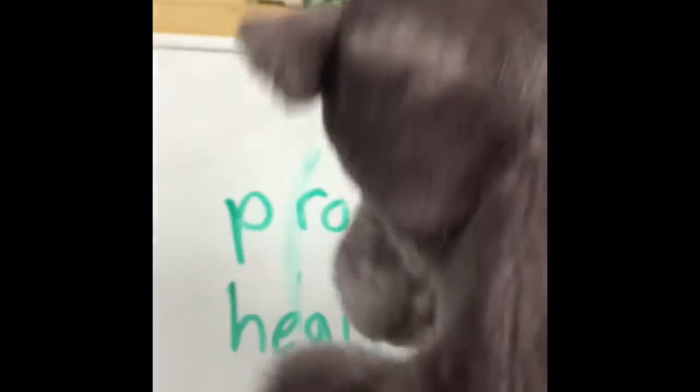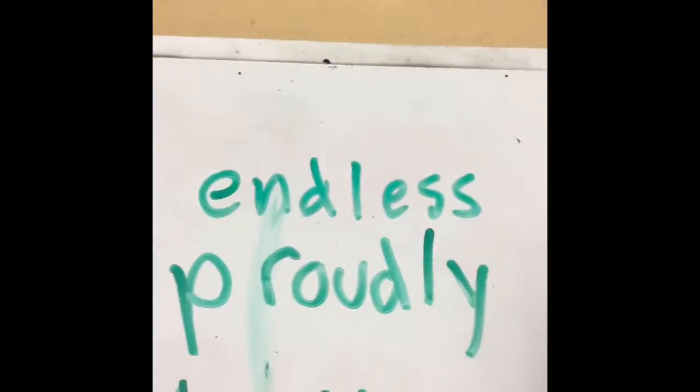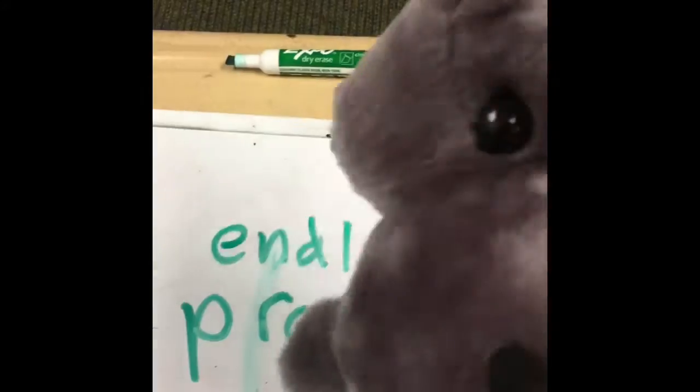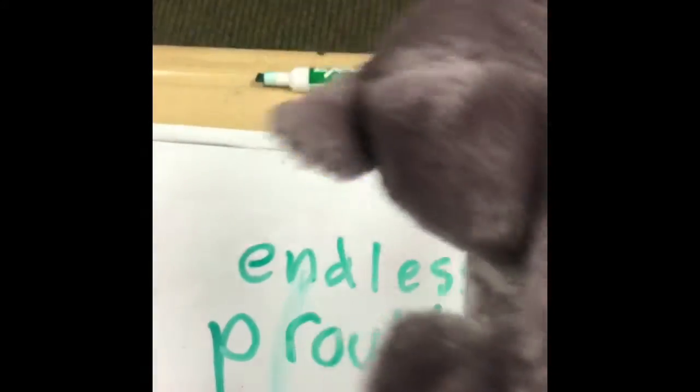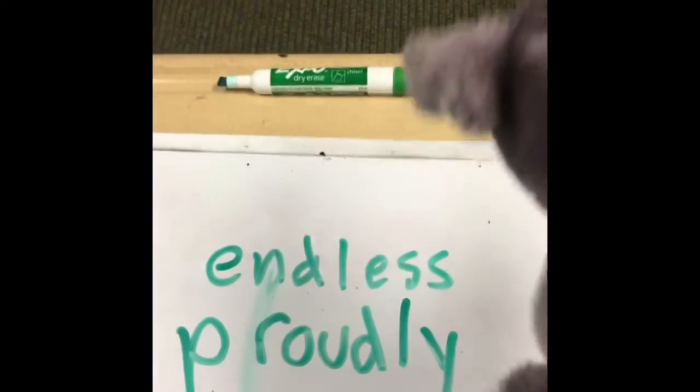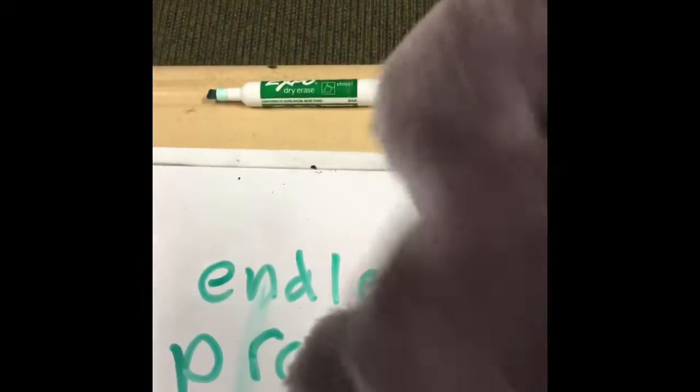I'm so excited. Suffixes change words a lot. Alright, now I've added the word endless. Now, what is the root word here? That's right. The root word is end, so that means the suffix is less, L-E-S-S. So what does that mean?